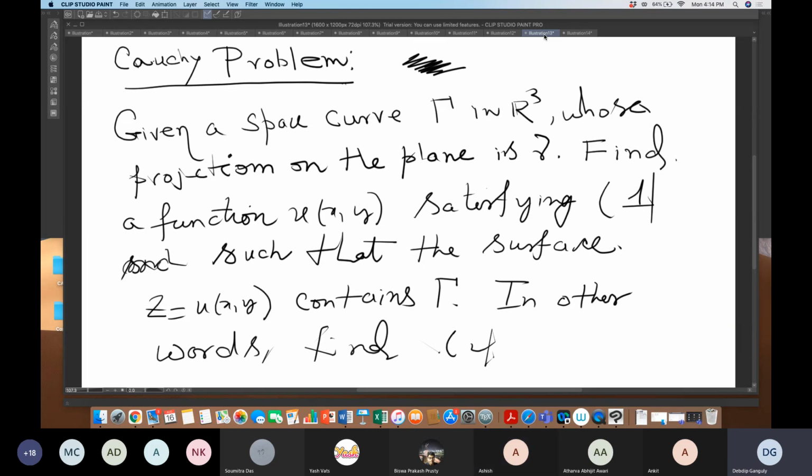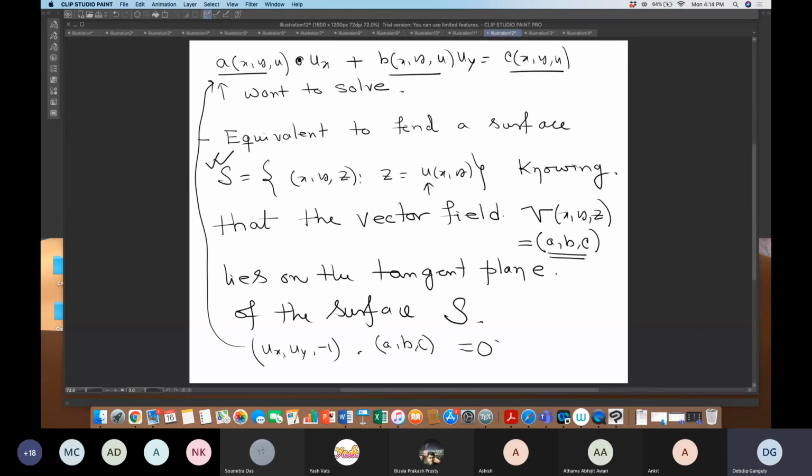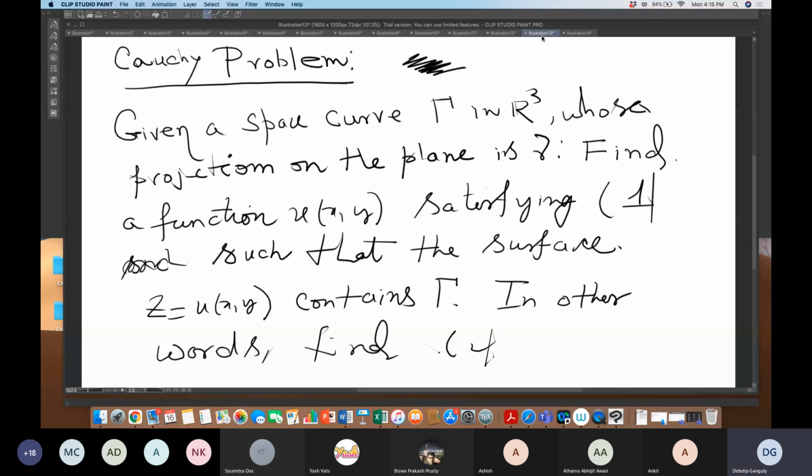Yes, sir. Okay. So this is given. Now find a function u of x, y satisfying (1). (1) means our equation, a(x,y) u_x plus b(x,y) u_y equal to c(x,y). Satisfying this, such that the surface contains gamma. What is the meaning of this?